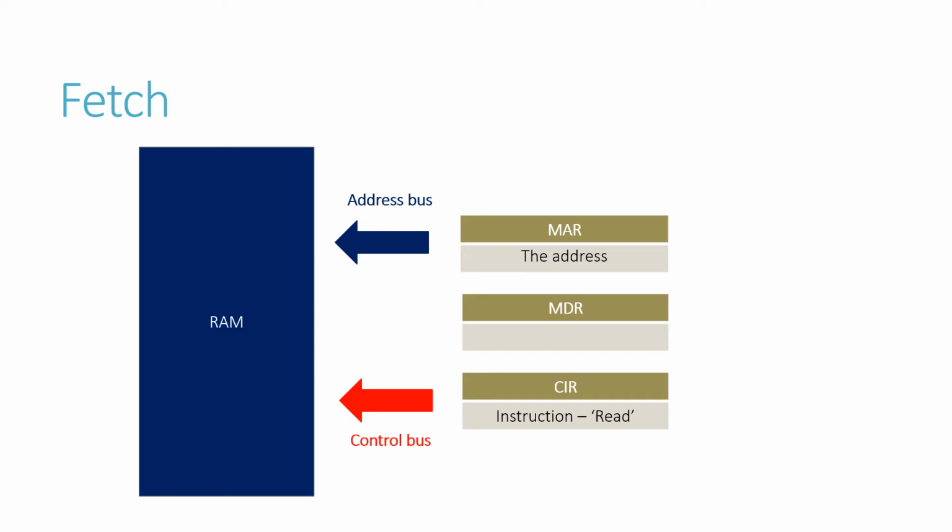The CIR sends an instruction signal to RAM. And the data that is needed is read from that address. The data is sent back to the MDR, which now stores the data that is needed for the next cycle.